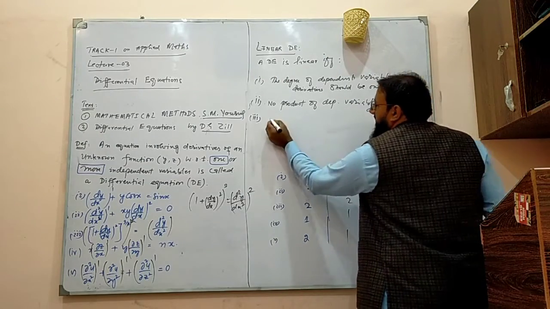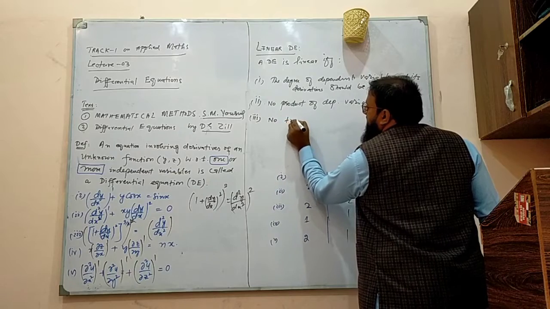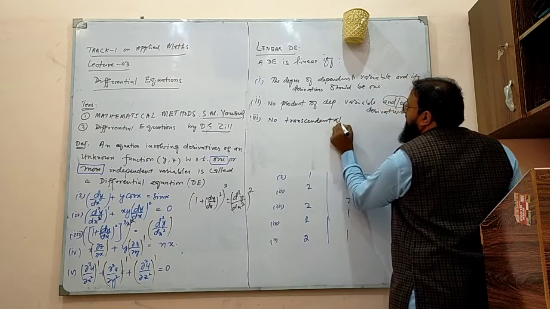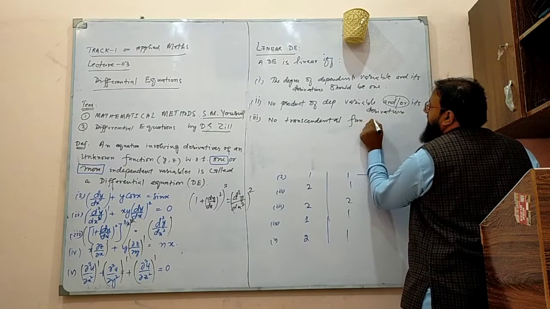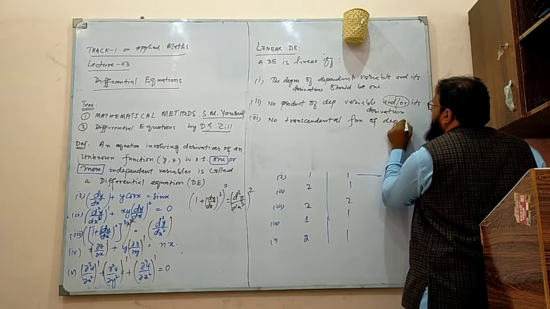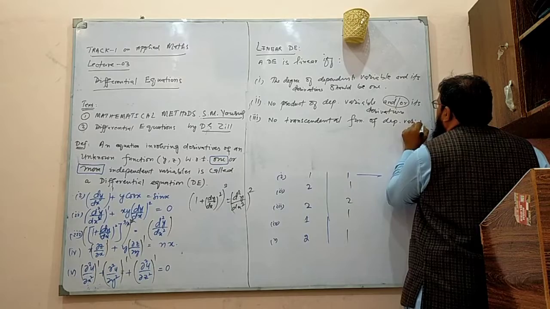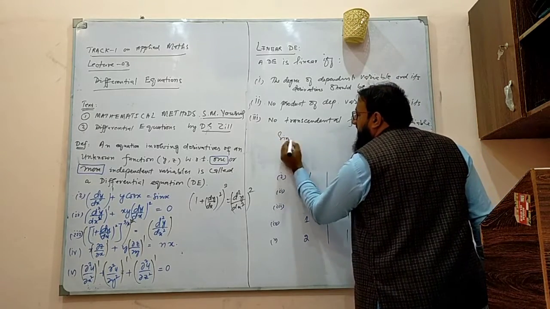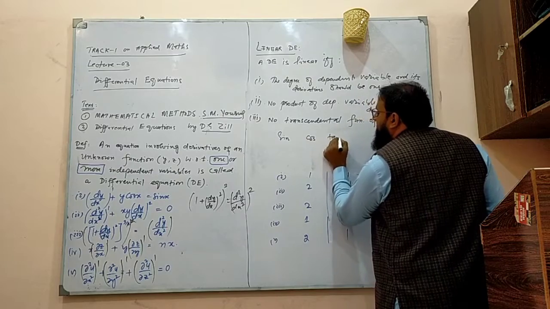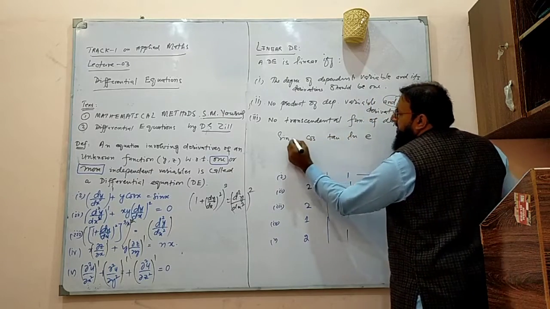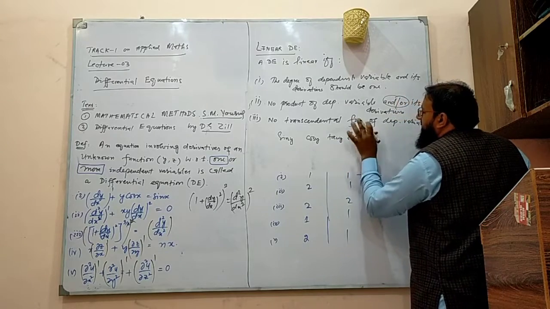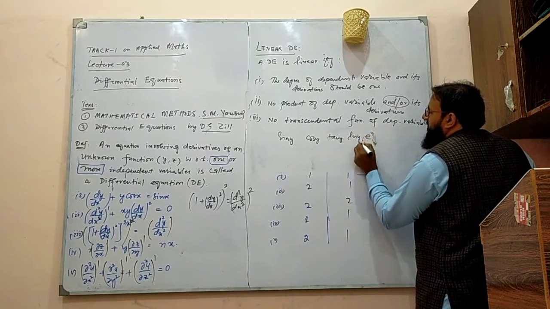No logarithmic or transcendental functions of the dependent variable. And what are transcendental functions? We know very well, sine, cosine, tangent, log, or e. They should not involve the dependent variable, for example e power y.